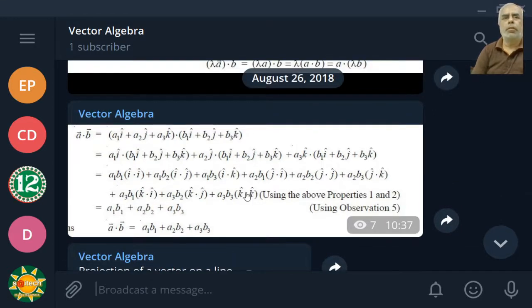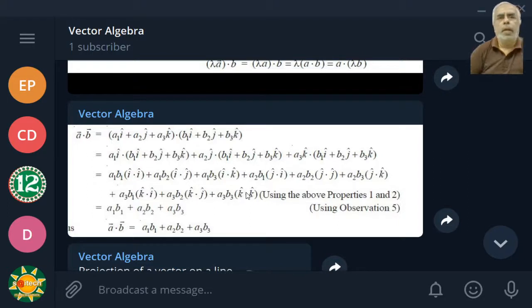And this is a very important property. Here you can see this A dot B we have already indicated in terms of components of vectors. So the A vector can be indicated in terms of components. How? A1 i cap plus A2 j cap plus A3 k cap. Similarly, B vector is B1 i cap plus B2 j cap plus B3 k cap. Now we can multiply this. So when you multiply all these things, you will get what?